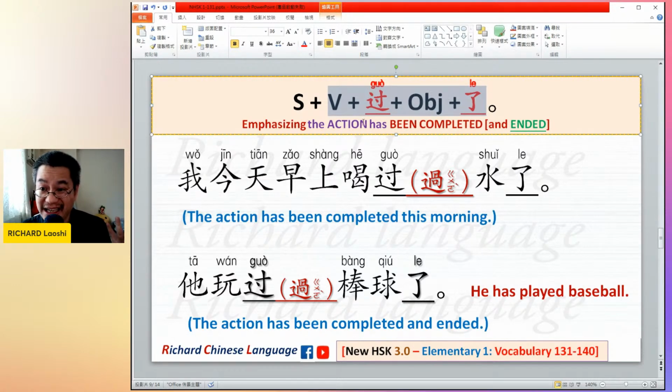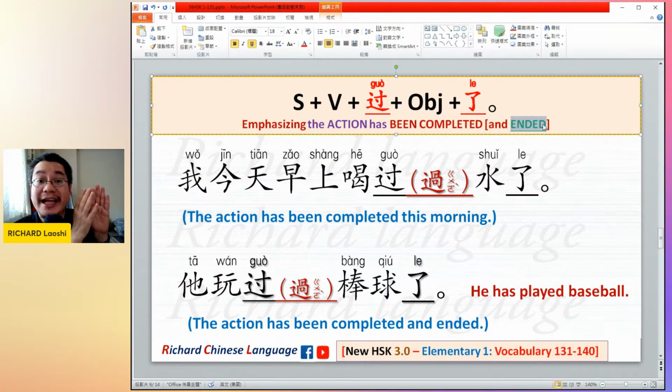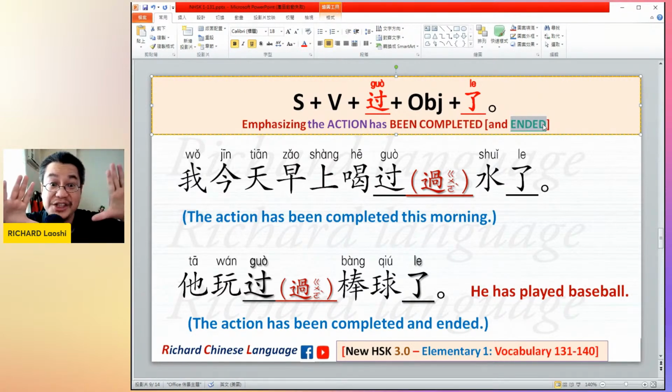It means the action has already been completed and has already ended. So you're not doing this action now. The action is in the past and you have already completed it. When you use 过 and 了 together, that means you have already done, finished, ended this action.